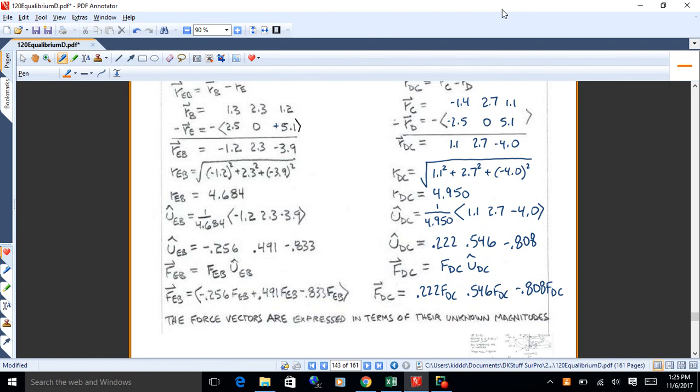Are you doing okay on getting DC? So like I said, on this one, I'm not going to try and do it all just by looking at it. That's just going to be a little difficult, okay? So I want to get vector expressions for these things. These angled forces are difficult to handle just by looking at them and figuring them out.